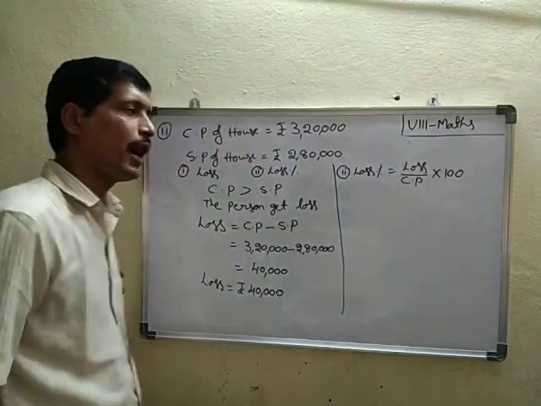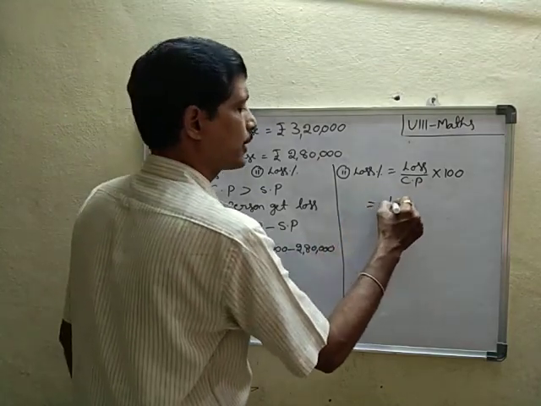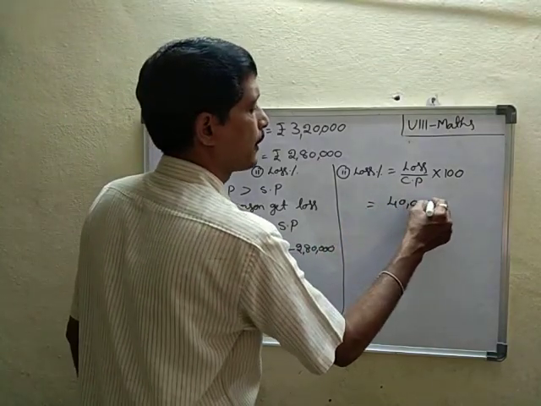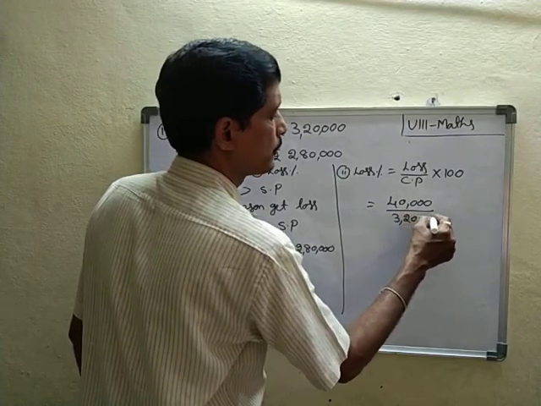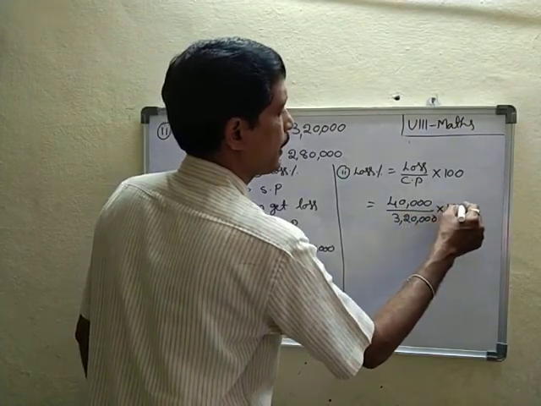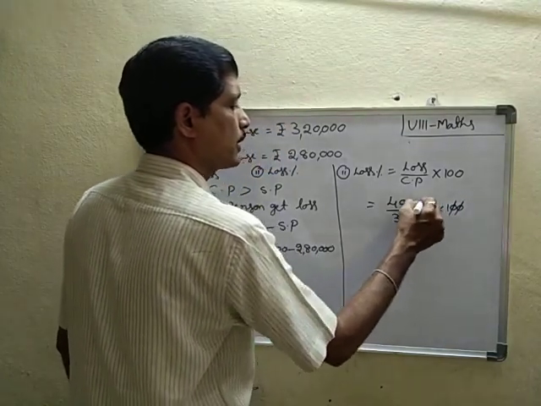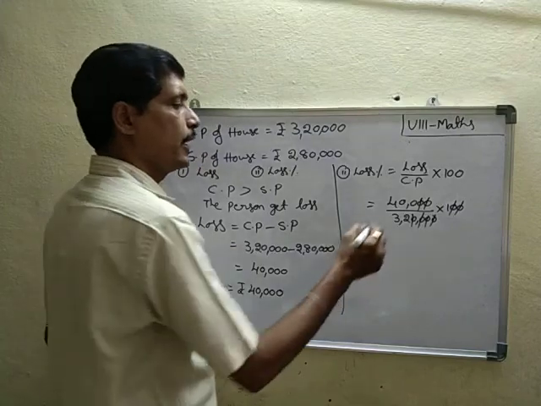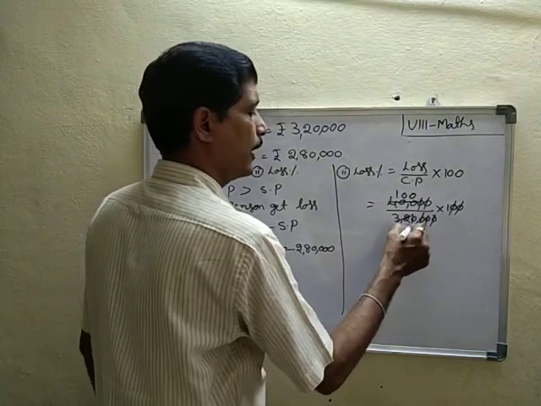Loss or profit is always calculated by CP only. Loss equals 40,000, by CP, that is 3,20,000, into 100. Here these two get cancelled. Here these two get cancelled. Next, here 4 table, 4 hundreds, 4 eights.